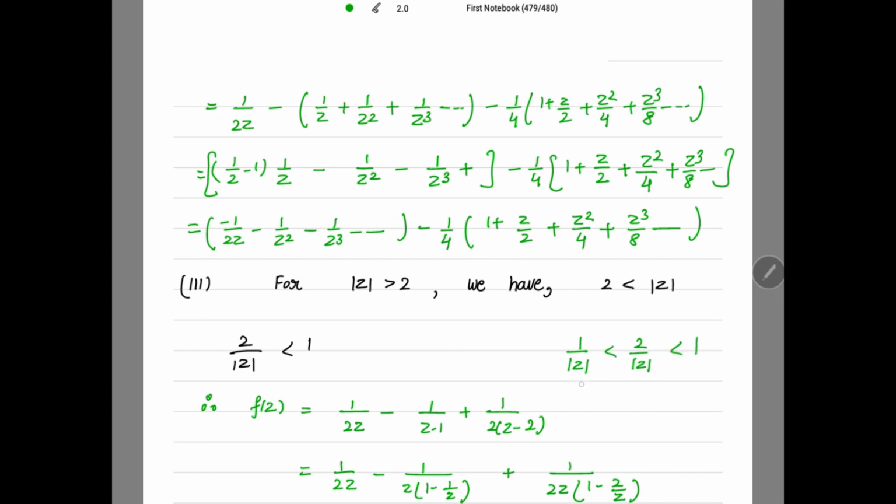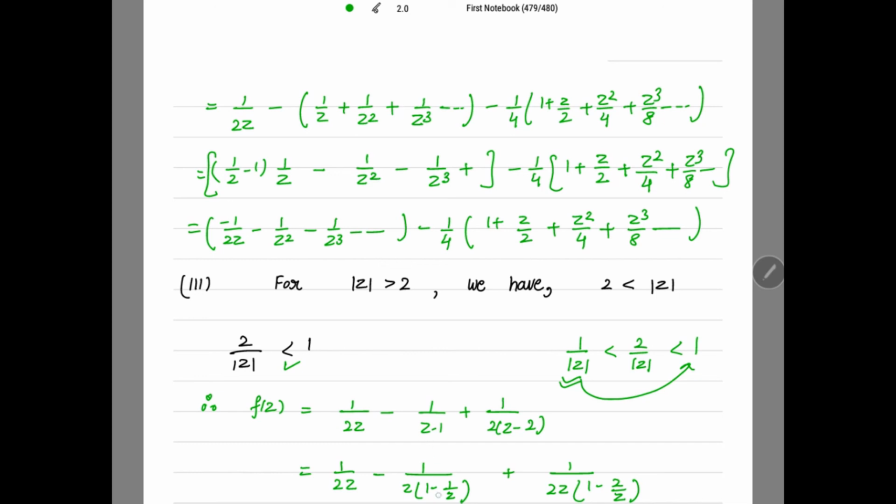So obviously 1 over mod z is also less than 1. Therefore, I make in the second term 1 over z. Right? Because from here I get one more condition that 1 over mod z is less than 1. So therefore, I make 1 over z here because I need 1 over mod z to be less than 1.